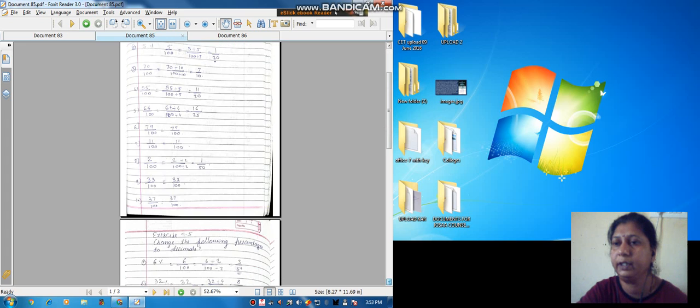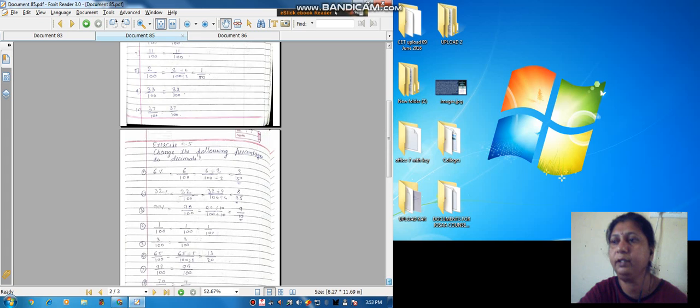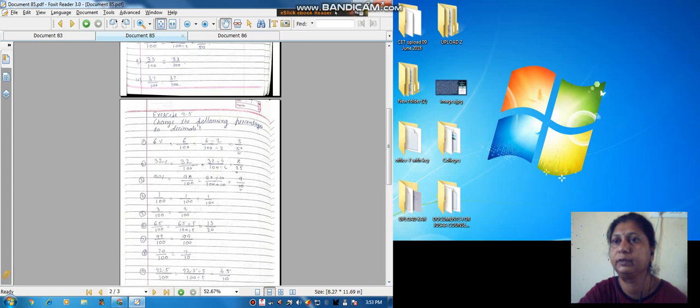Fine. So let's see our exercise 9.5. Change the following percentage into decimals. First of all, see here, we have to convert this into decimals.